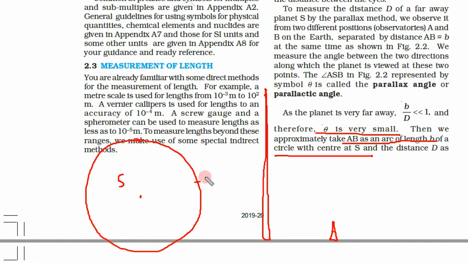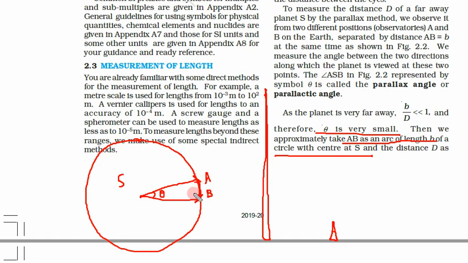Now we have this point A and this point B. My drawing is not very good because I am using a mouse. This angle is theta. Since theta is very small, we can approximate this distance as a straight line.